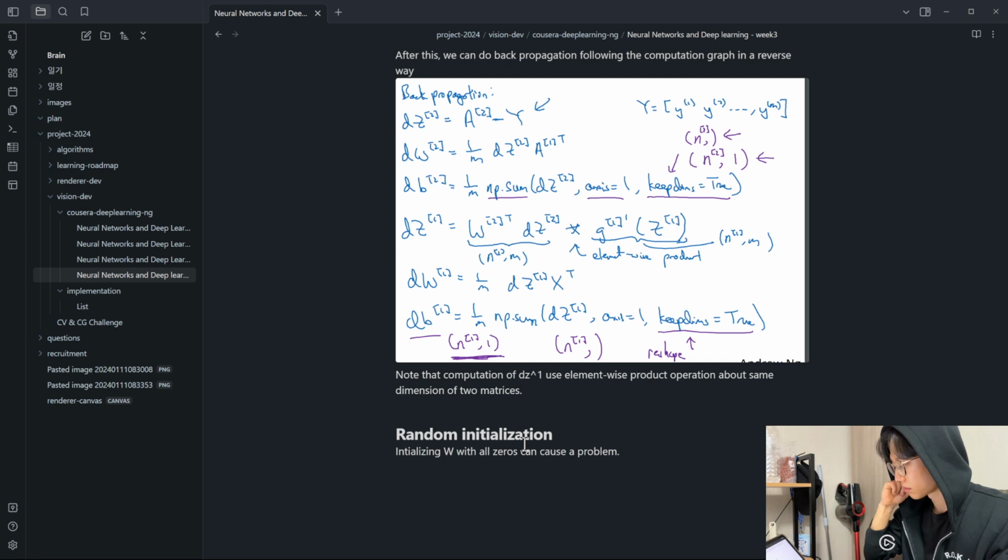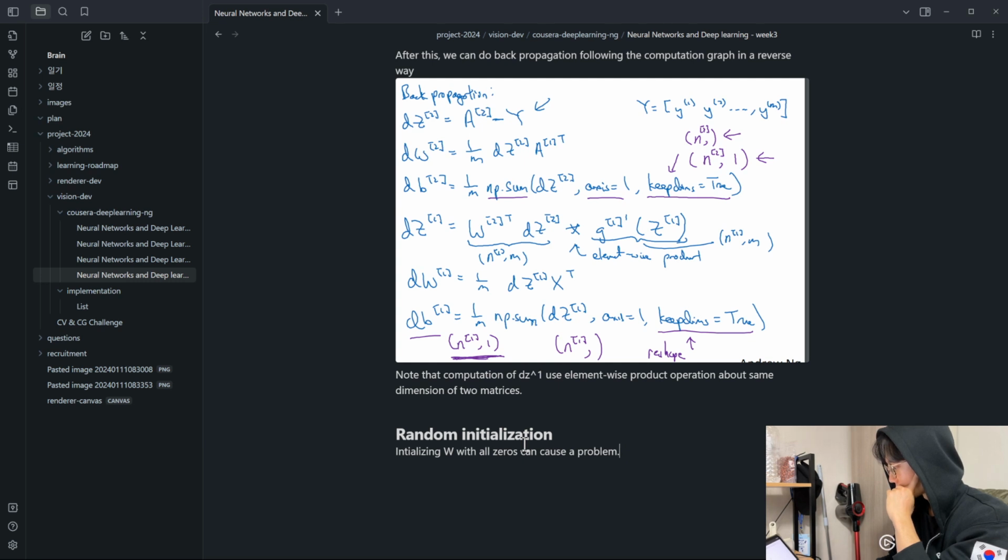The problem with this form is that for any example you give it, you will have that a1[1] and a1[2] will be equal. So this activation and this activation will be the same, because both of these hidden units are computing exactly the same function. And then when you compute backpropagation, dz1[1] and dz1[2] will also be the same, by symmetry.